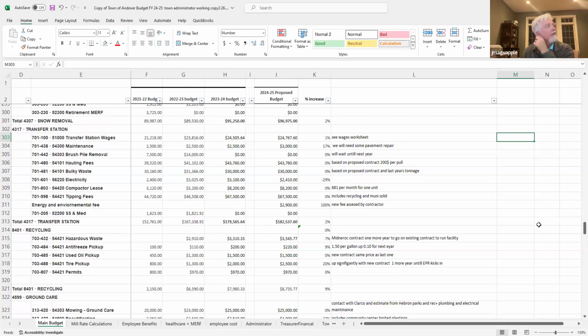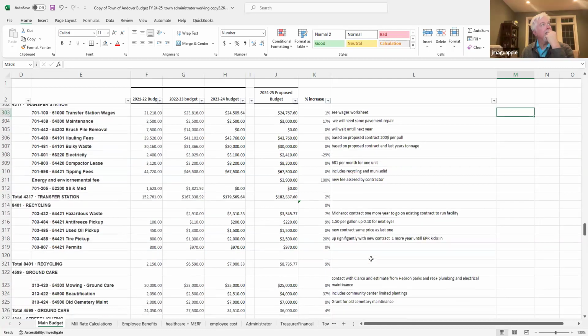Okay. So we have a $20,000 increase in public works and a $13,000 increase on the custodial costs. And that's really what's driving the $37,000 for this section. Okay. And on public works, is there anything that we can do?